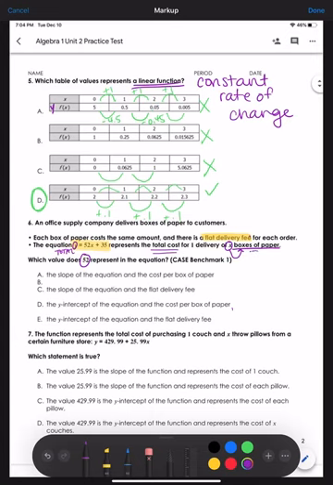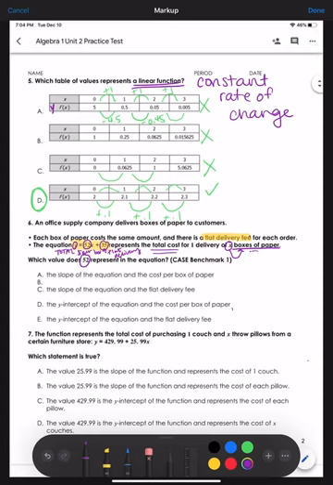So if I'm looking at this, there's a number that doesn't depend on anything else, and that's this number 35. So 35 must be my flat delivery fee. It's not being multiplied by anything. I'm paying that money no matter what. But I'm also paying, that's why there's addition, I'm paying this $52 times X. So if X is boxes of paper, this 52 here must be the money per box of paper, because I'm multiplying that times however many boxes I get.